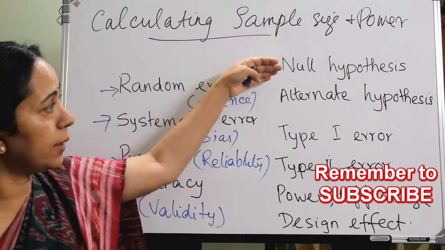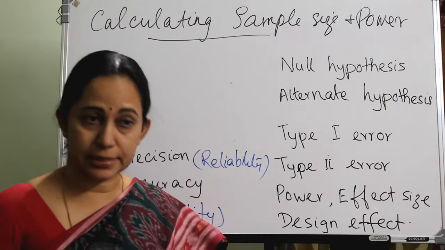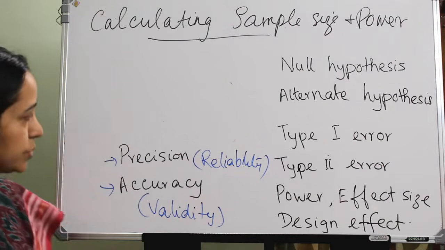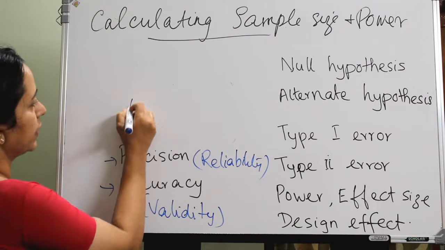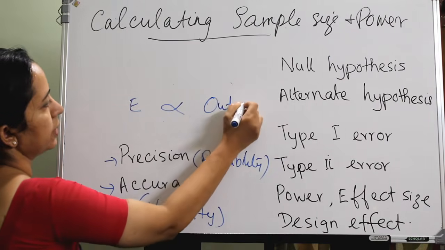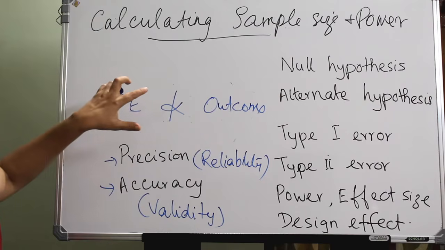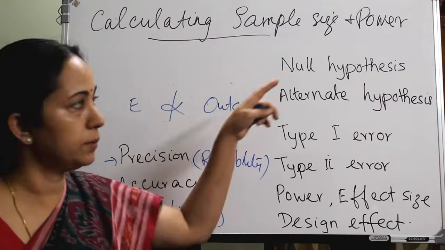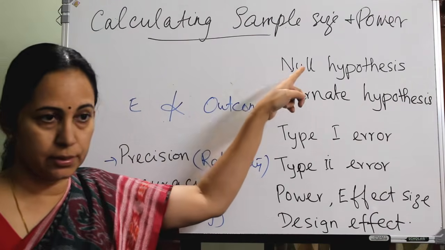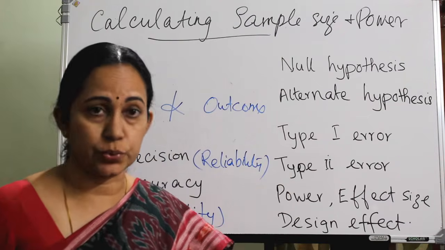And coming to null hypothesis and alternate hypothesis. The null hypothesis states that there is no association between an exposure and outcome. Null means zero, there is no association.